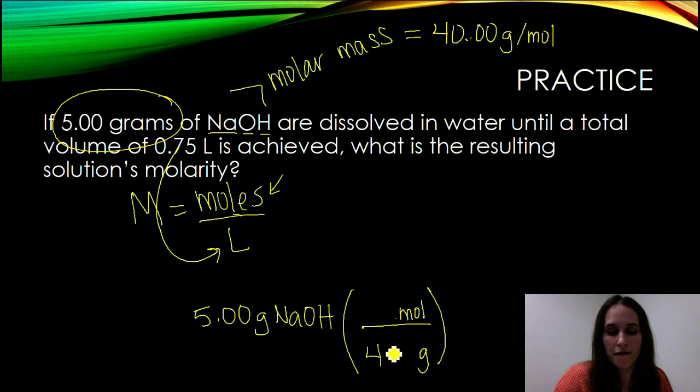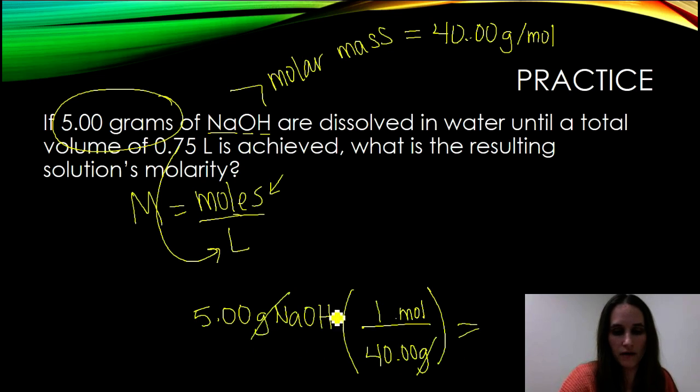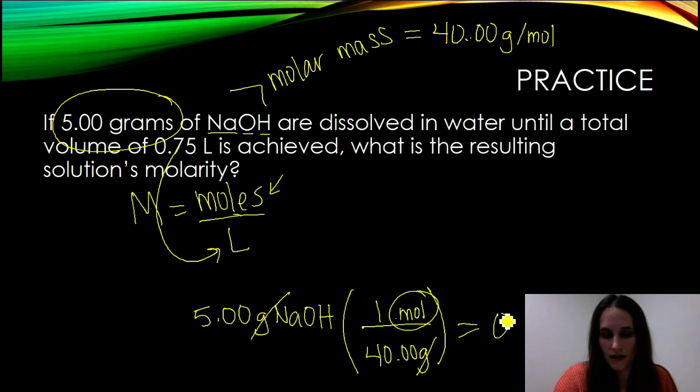So then my 40 goes with that number, 40 grams per mole. And when I do that, my units cancel out. I'm left with the unit I want there on the top. I get 0.125 moles of sodium hydroxide.